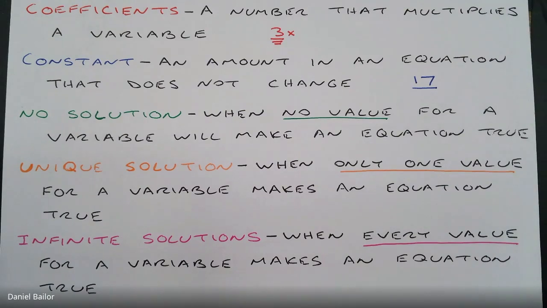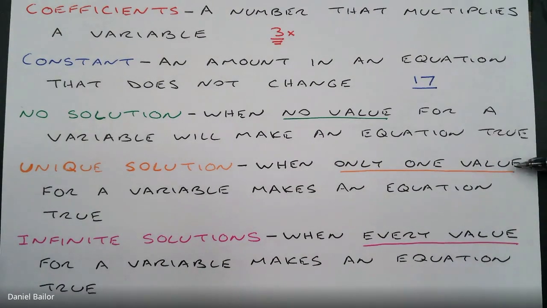And the third type of solution, when anything can equal x, when x can equal absolutely any number, we call that infinite solutions. An infinite solution is when every value for a variable makes the equation true. Whatever you say x is, the equation will always be true no matter what. So no solution, nothing can make the equation true.